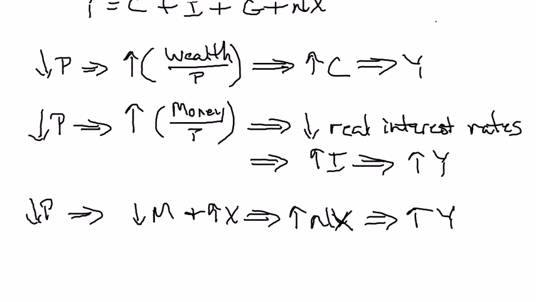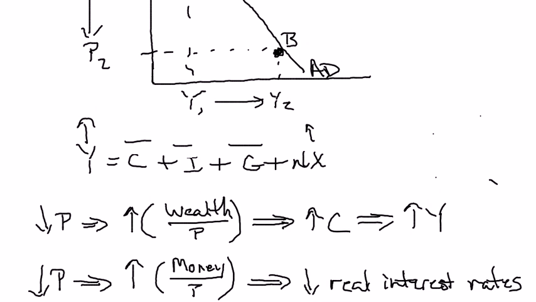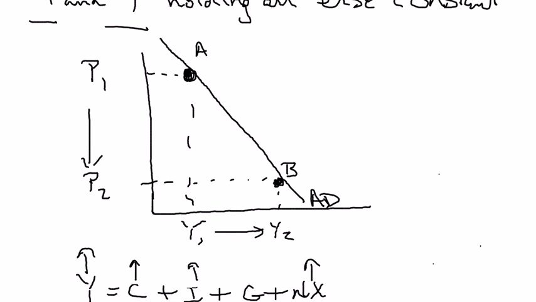And as a result, for completeness, this leads to an increase in GDP. So in other words, a fall in the price level will lead to an increase in consumption, an increase in investment, and an increase in net exports. And as a result, GDP goes up, so a fall in the price level is associated with an increase in real GDP.